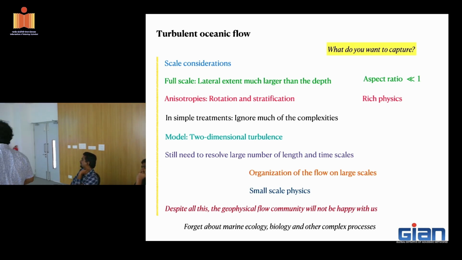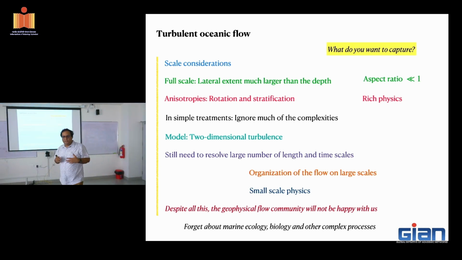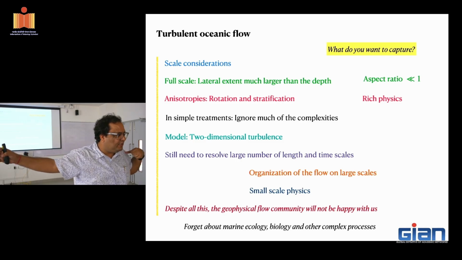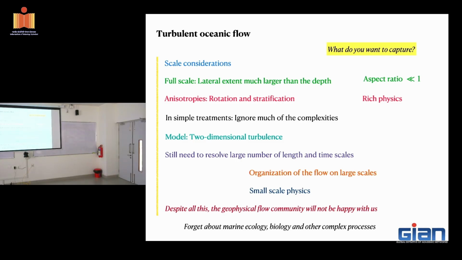So scale considerations are extremely important in your problem. Okay? I mean, if you take a flow which is thousands of kilometers and tens of kilometers of depth, and then you put a micron sized bacteria, I don't know what you're doing. Okay? Then full scale ocean, the lateral extent is much larger than the depth.